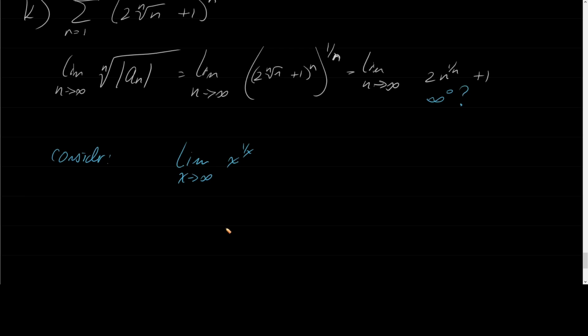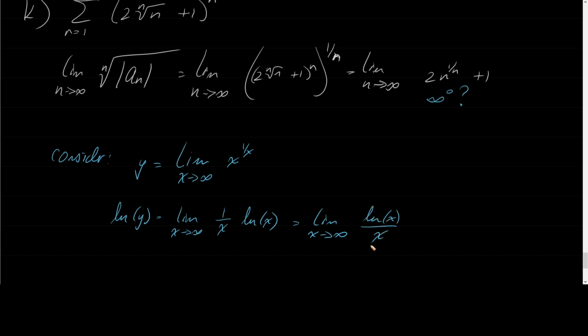I'm going to say let y be equal to that. Then ln of y is going to be the limit as x goes to infinity of 1 over x times ln of x, right? Because I just took the natural log of this thing. That's the same thing as saying just ln of x over x, right?